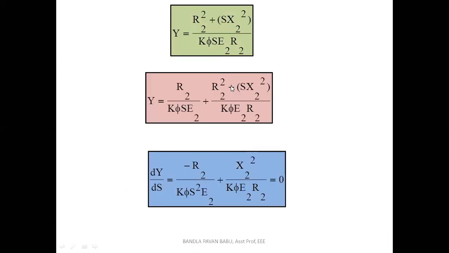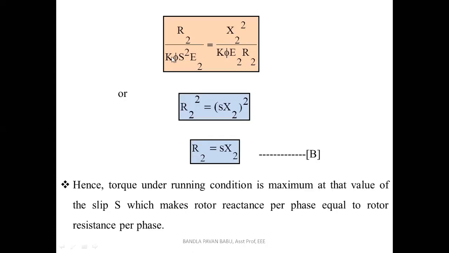What happens here? K phi is the same on both sides, so these get cancelled, and e2 is also the same, so e2 also gets cancelled. What terms are left? R2 by s square is equal to x2 square by r2. Cross multiplying, we get r2 square equal to s square into x2 square.